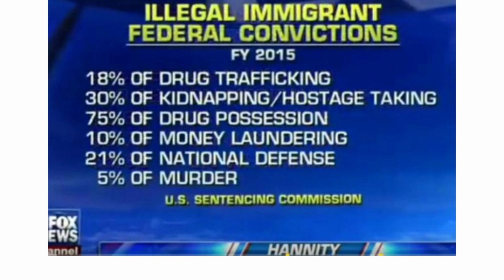Okay, so this is illegal immigrant federal convictions, and you have 18% drug trafficking, 30% kidnapping, 75% drug possession, 10% money laundering, 21% national offense, and 5% of murder. All right, so quickly, if you add all these up, you don't get 100%. You get way over 100%. And in fact, they're not really telling you what the percent is of, right?